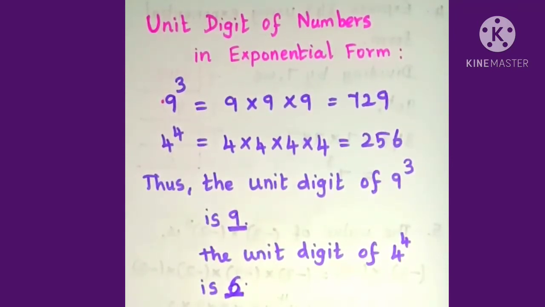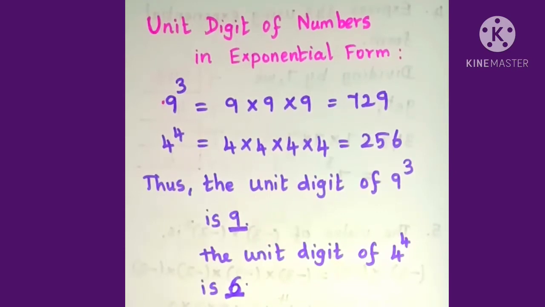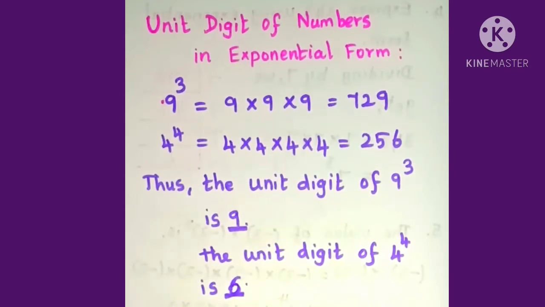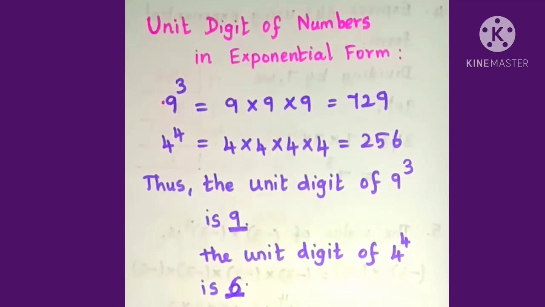Similarly, 230 to the power 116, 181 to the power 47, 55 to the power 4, 56 power 20 and 9 power 29. Is it very difficult to find by expanding the exponential form?